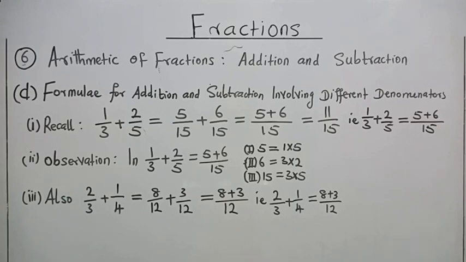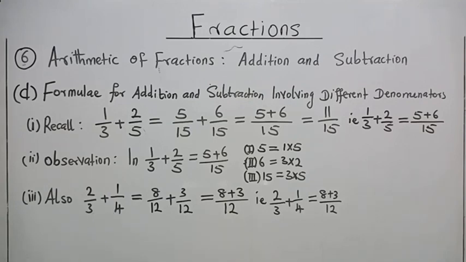Now see that second example. I want to add 2 over 3 to 1 over 4 using that same style, that same line of reasoning as we had before. 2 over 3 and 1 over 4 do not possess the same denominator, but one of the common multiples to 3 and 4 is 12.